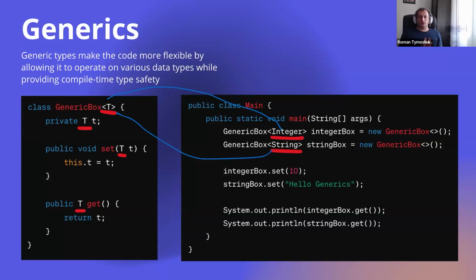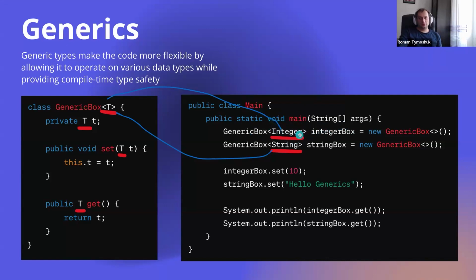Here you can see the example. Generic box on the left side has a private field of type T, so it could be anything, and we can set and get this value inside and outside of the box. In a real main application, in a precise usage of this functionality, you are saying generic box has an integer.